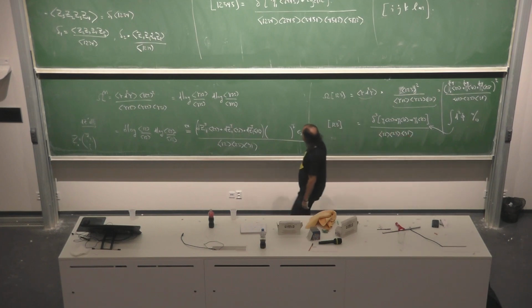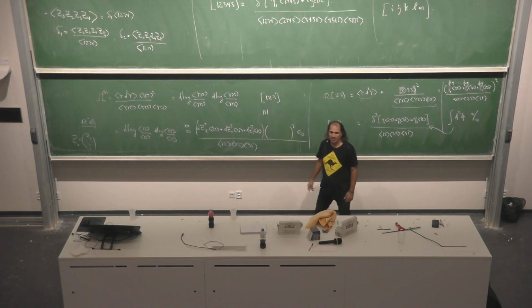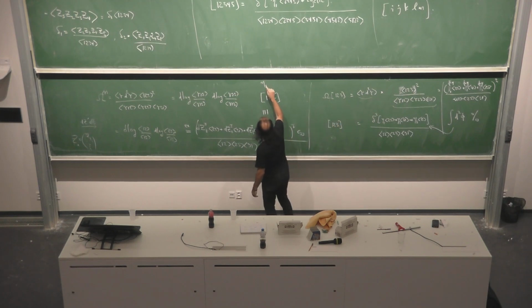This is on the nose equal to the R-invariant 1, 2, 3, where I take eta and I replace it with dz.